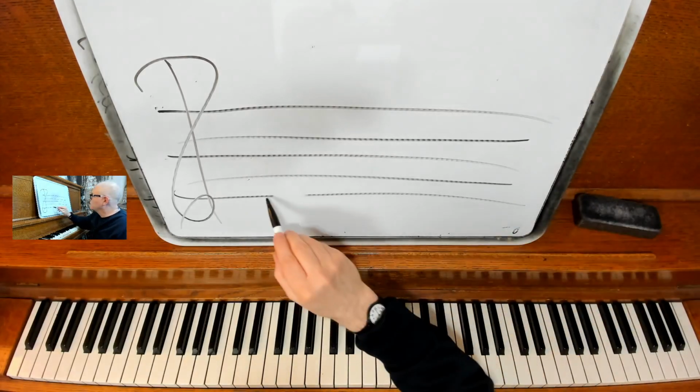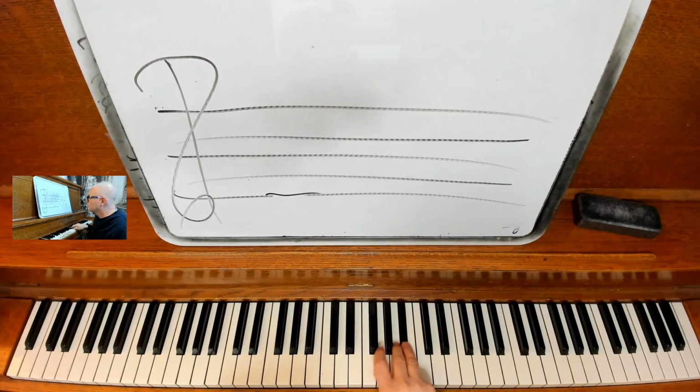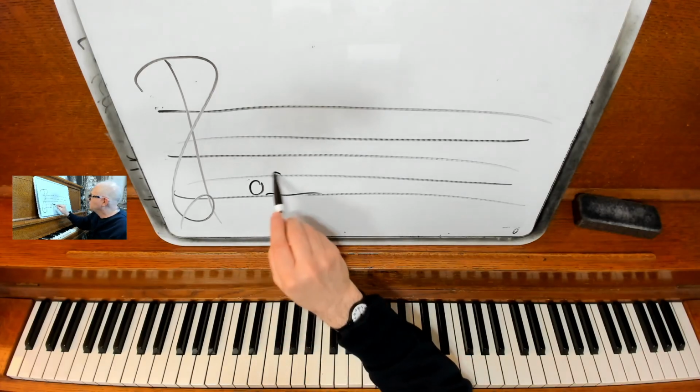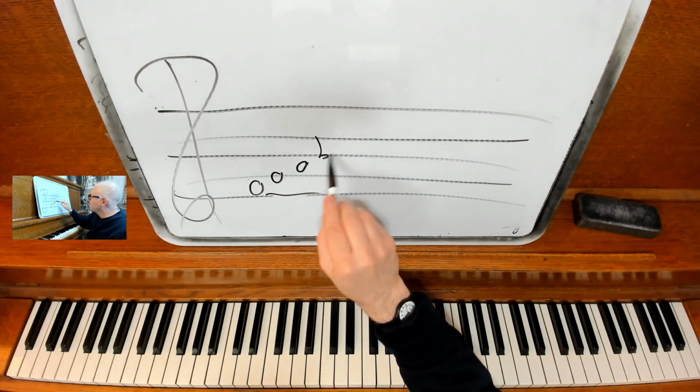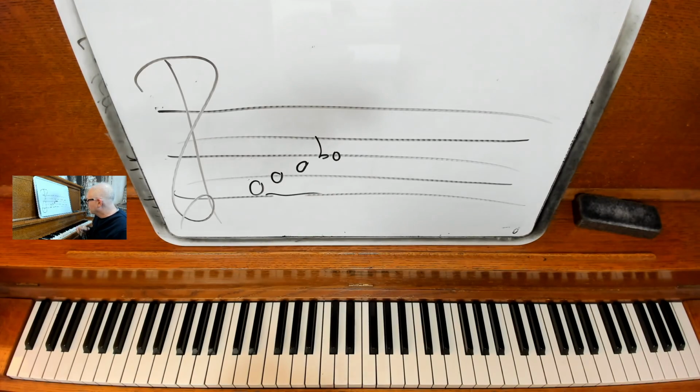If you learned your tetrachord, here's F major, F, G, A, B flat, right? That's the major. If you make it into minor, well, you lower that middle note. That would be A flat, all right? That's now minor.